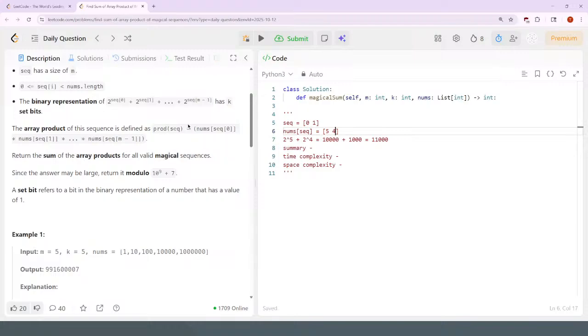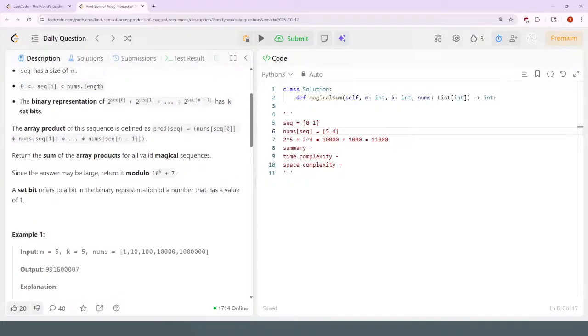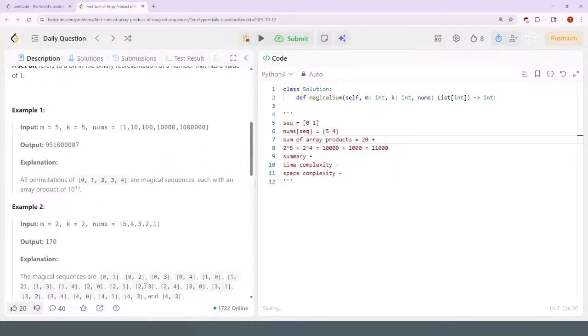So 0, 1 is what we're dealing with here. Yeah, okay. But the array product that we're adding is 5 times 4, so the sum of array products would be 20, and then whatever the next one is.